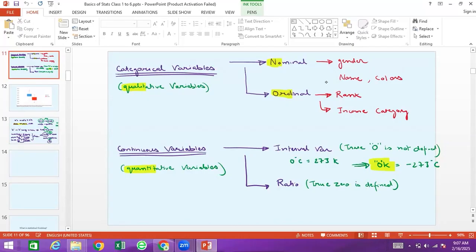Similarly, income category like high, medium, low also has an order in it. But we cannot do any mathematical operations on this. So, for example, we cannot say that in a race, rank 1 plus rank 2 is going to be equal to rank 3, right? I cannot do addition, subtraction, multiplication, division on these variables.